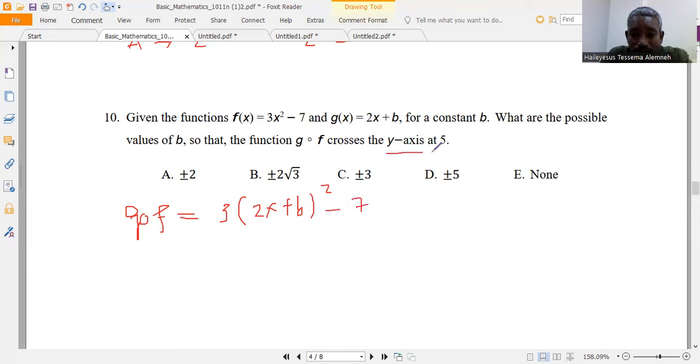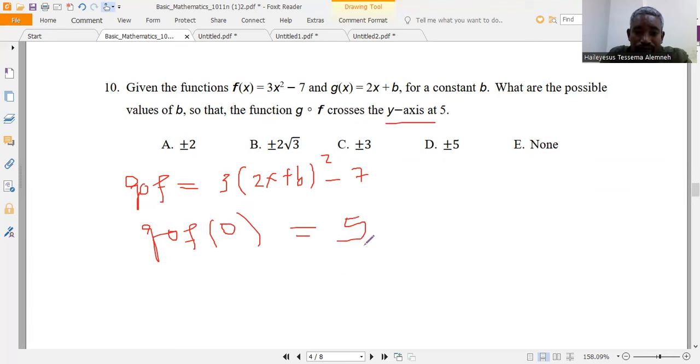What's the y-intercept? The y-intercept is obtained by making x equal to 0. Therefore, g of f of 0 is equal to 5.